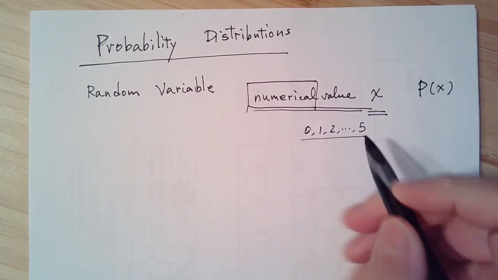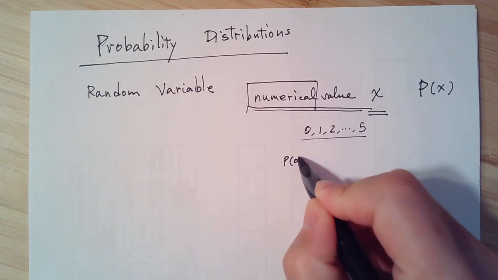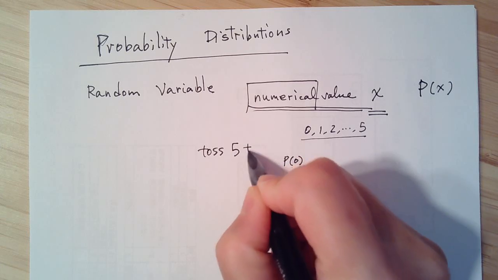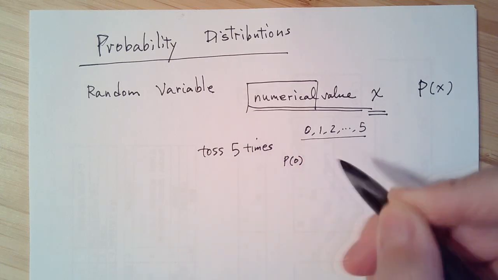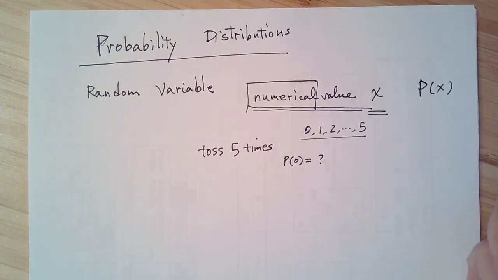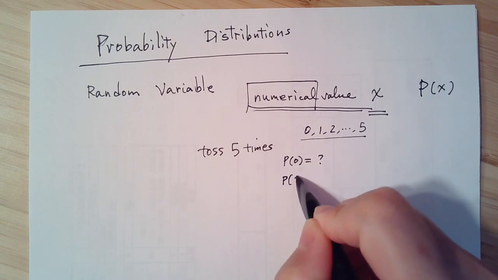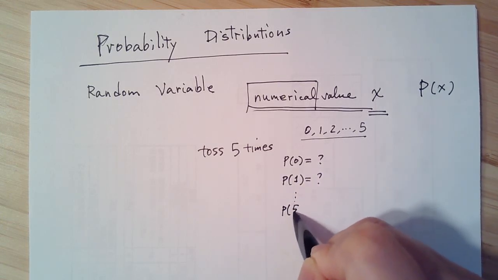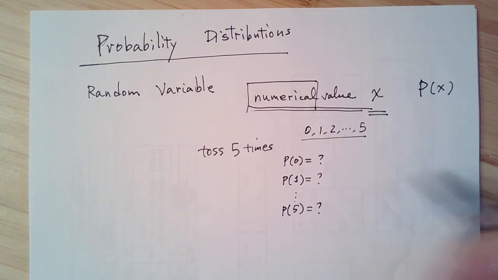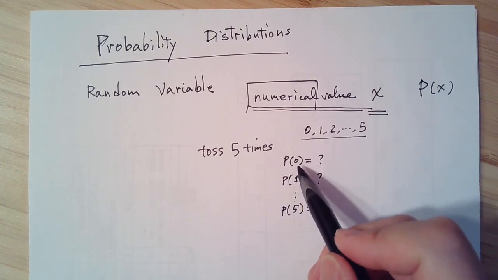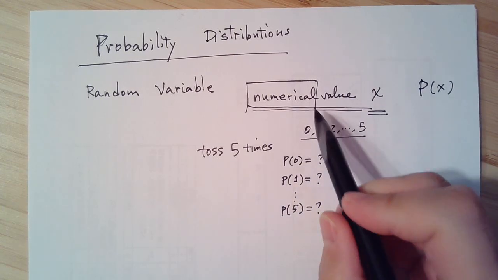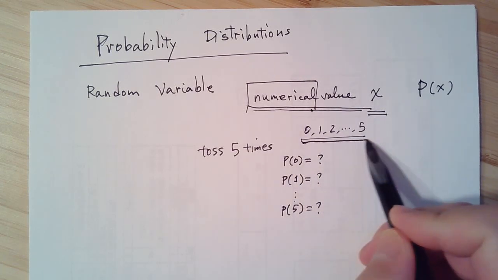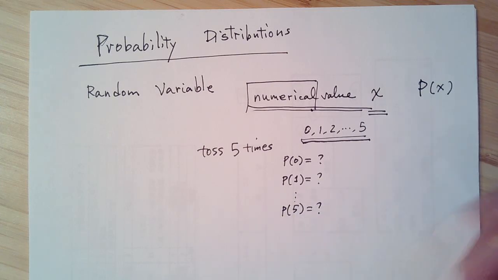And for each of them, you have a probability. You toss 5 times, and what is the probability of no heads? What is the probability there's 1 head? And what is the probability there are 5 heads? The number of heads that you count is a numerical value, and those are all the possible outcomes, with their probabilities.